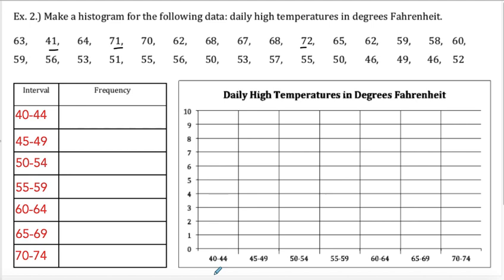So going through and tallying, if you would go ahead and hit pause, practice finding each of these numbers and placing them in the frequency chart. When you are done filling in your frequency chart, you can hit play again and then check to see that you have all these numbers correct before we draw the histogram.